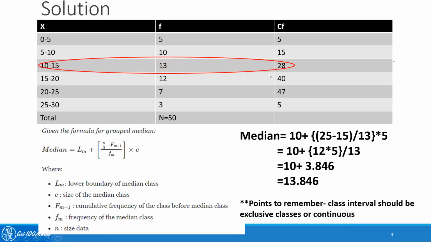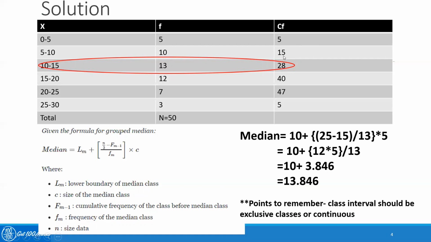Now let's calculate. The first thing is the lower limit of the median class. So what is my class? 10 to 15. So lower limit will be 10. Plus n by 2. I have already calculated n by 2 is 25. Minus fm minus 1, which is the cumulative frequency of the preceding class of the median class in the CF column. So this is my median class.